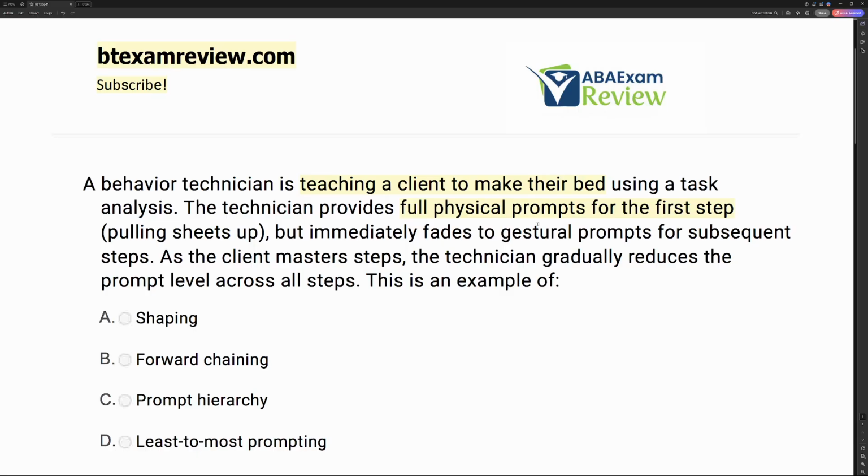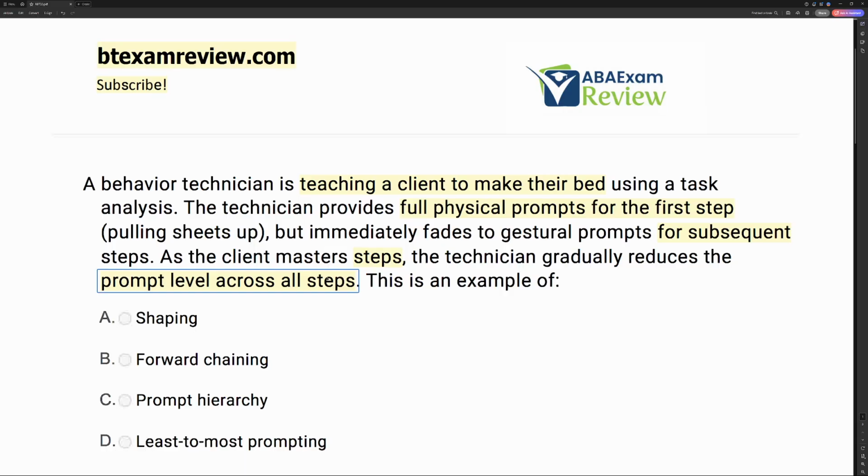Well, not necessarily, because in forward chaining, we're expecting the client to do that first step independently. Currently, we are prompting all the way through. We are prompting the first step, and we're fading prompts for additional steps. And as steps are mastered, prompt levels are reduced across all steps.